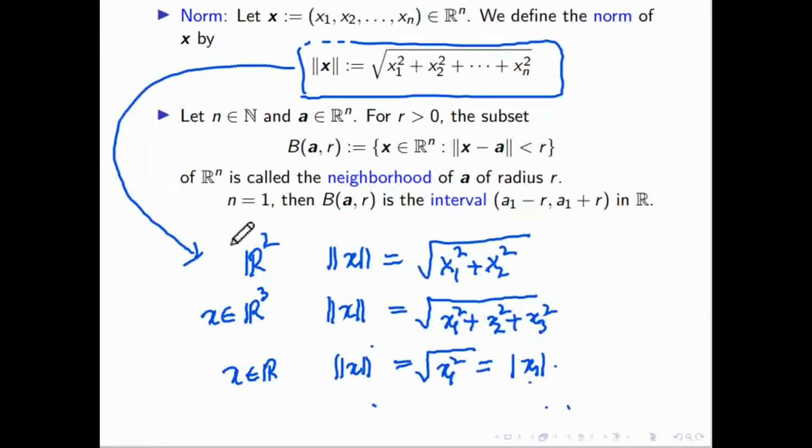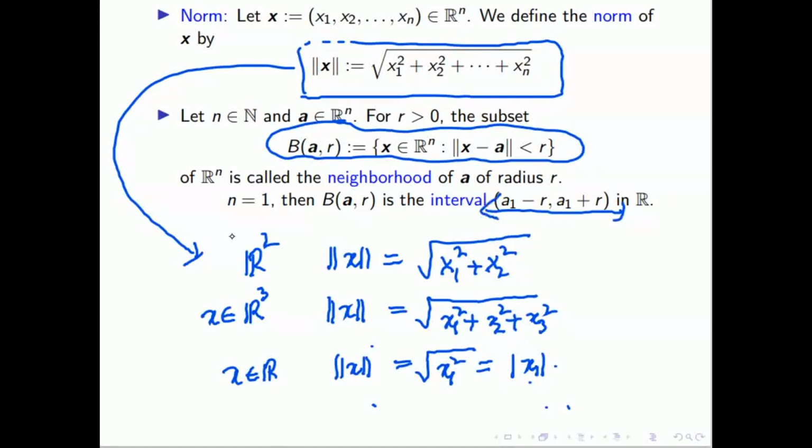So if n equal to 2, then what will it give? Like in R2, how will this look? That interval in R, how will it look by this definition in R2, like in 2-dimensional space?